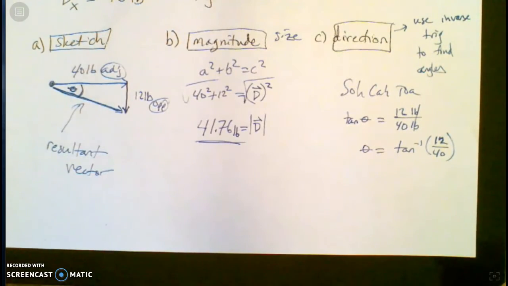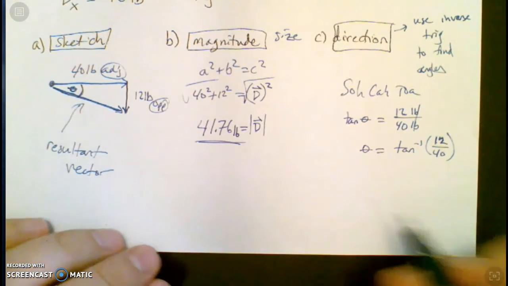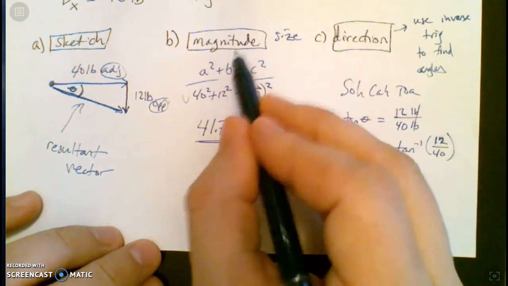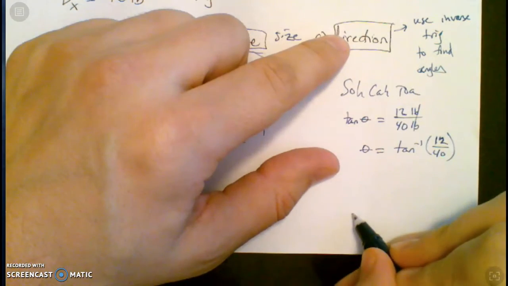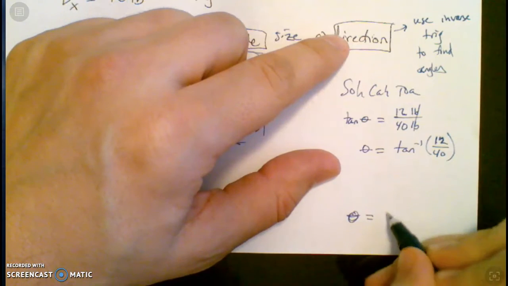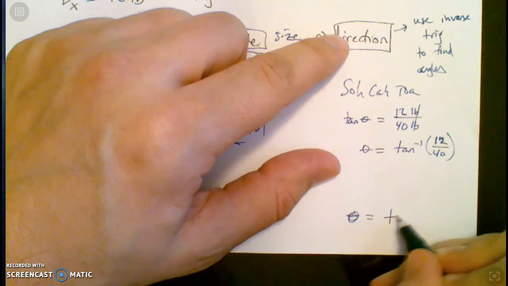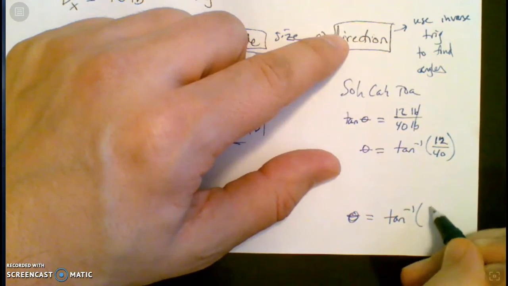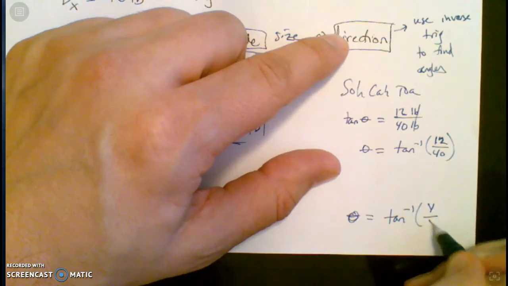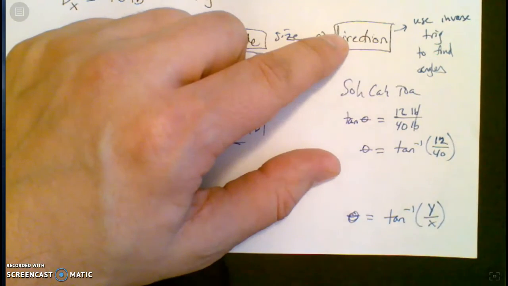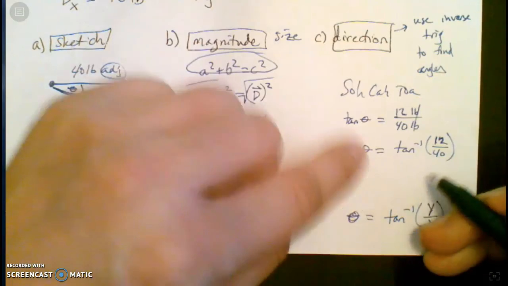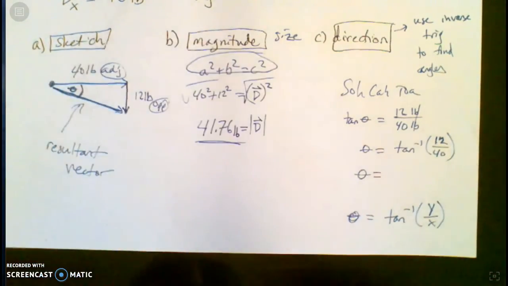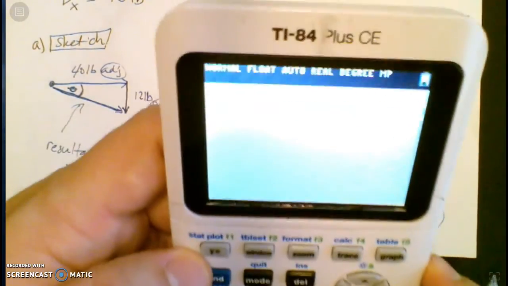For those of you who are getting bogged down with the trig right now, just know that for magnitude you always use Pythagorean theorem, and for direction you always use inverse tangent of y over x. Always. Okay, so on this problem I just have to type in, and make sure you're in degrees, but we already are.